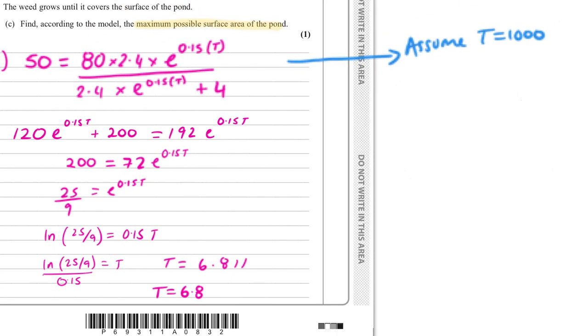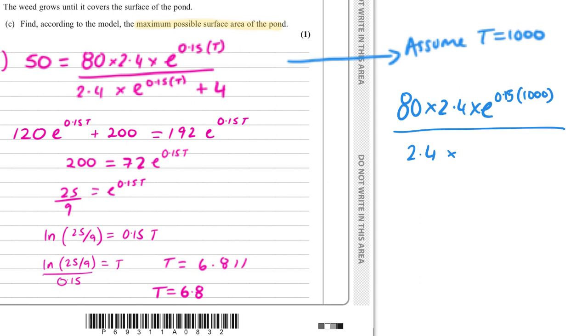Okay, so if I do 80 times 2.4 times e to the power of 0.15 to 1,000, because if we think it's been 1,000 days, this should give us an estimate of what's going to happen, plus 4.